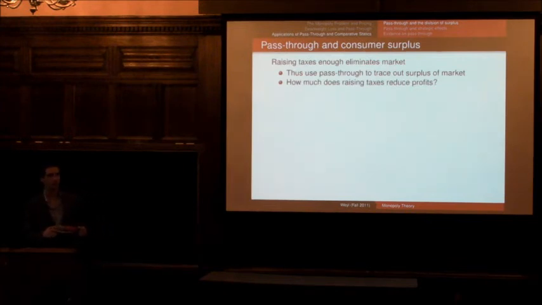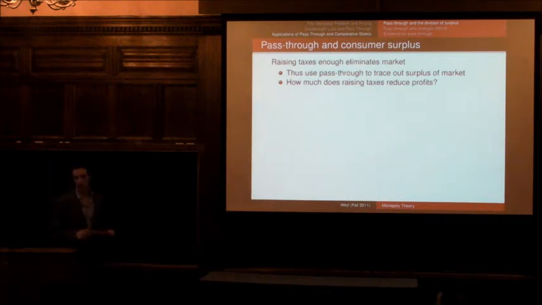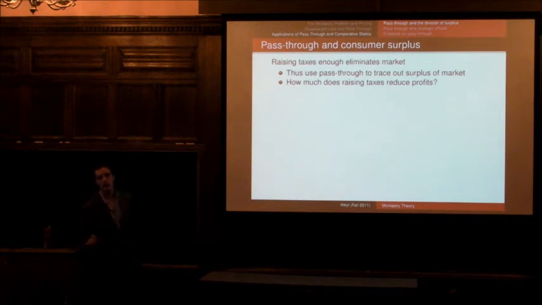How much, when I raise the tax by 1 unit, does the monopolist's profit fall? Take the derivative. Well, no. So there's a very simple argument based on the envelope theorem, right?